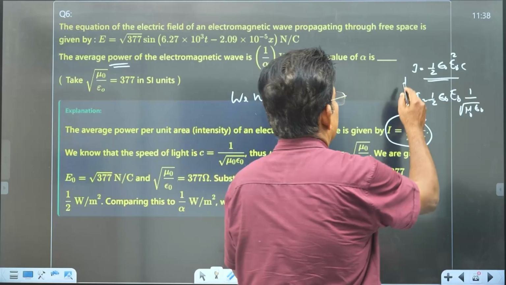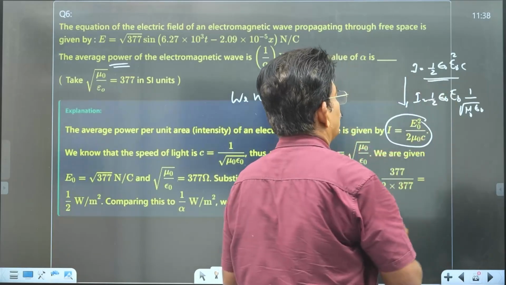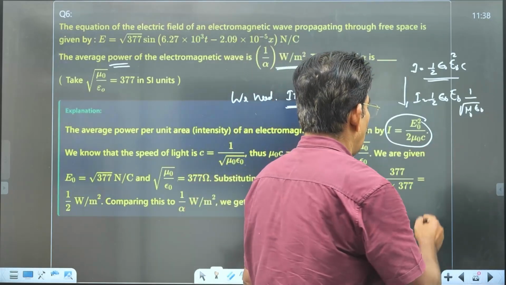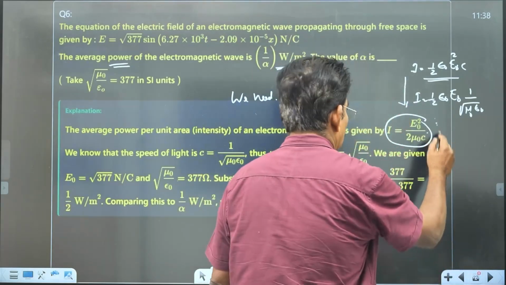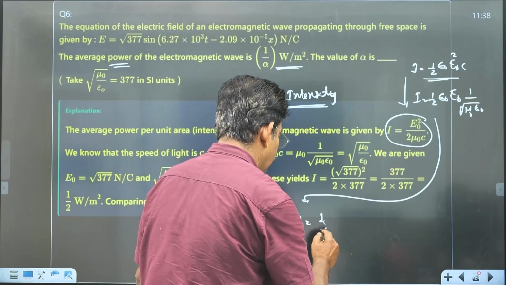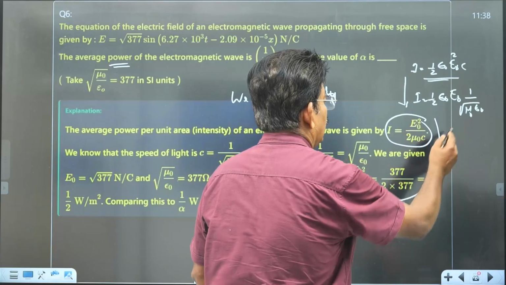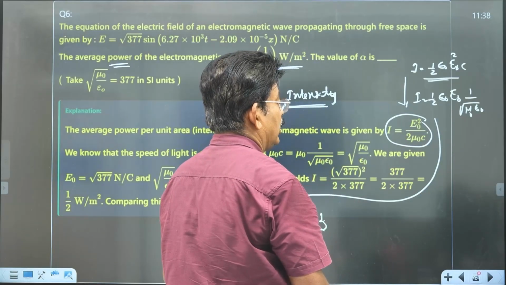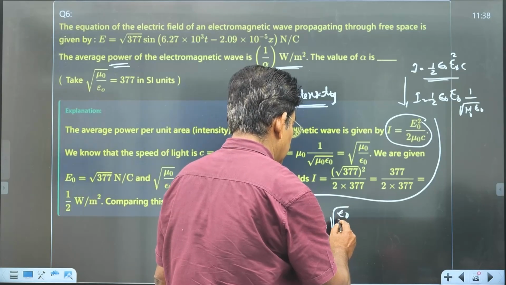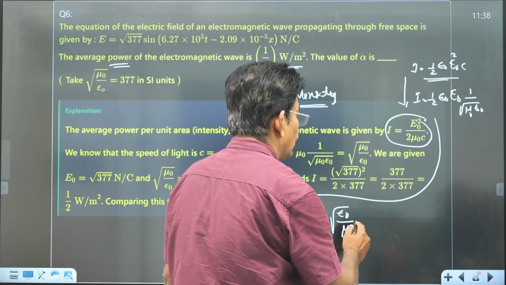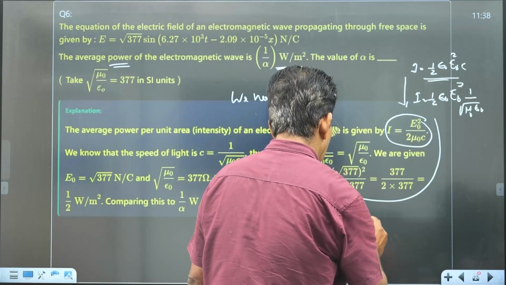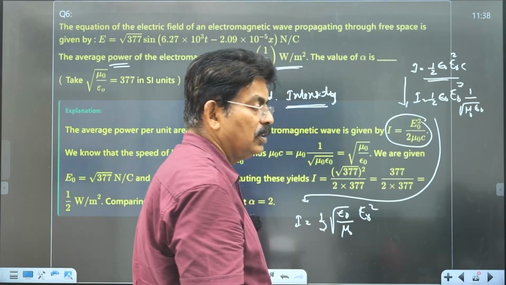Intensity can be given by half epsilon 0 E0 square into C. I replace C by 1 by root of mu 0 epsilon 0. So my equation comes to be intensity is equal to half E0 square times root of epsilon 0 divided by mu 0. I have replaced C.